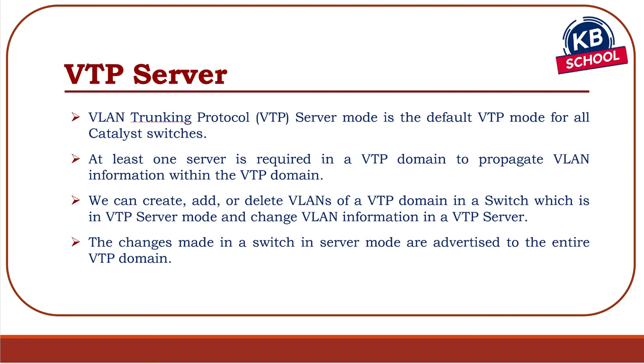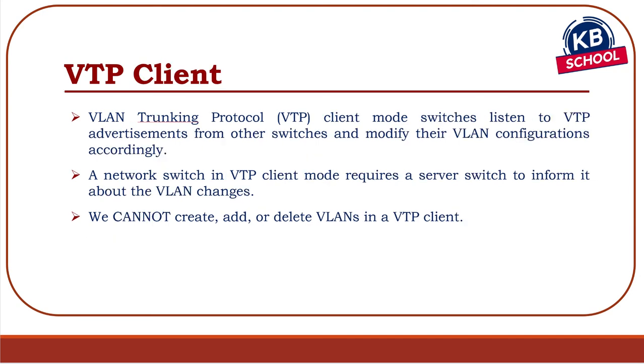All right. Now, when I advertise it, although the clients will process it, the transparent devices will take it, not process it, but forward it. So they won't stop the propagation, but at the same time, they will not use that information for themselves. VTP clients are the devices that are going to listen for the VTP advertisements and create the VLANs.